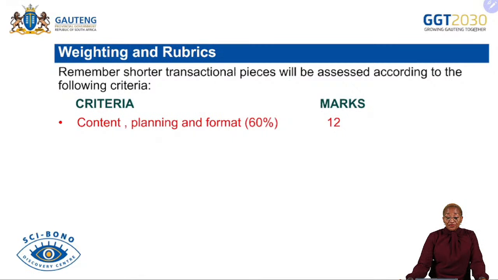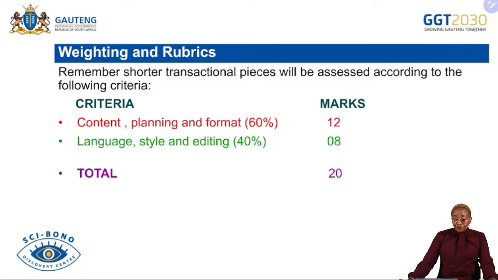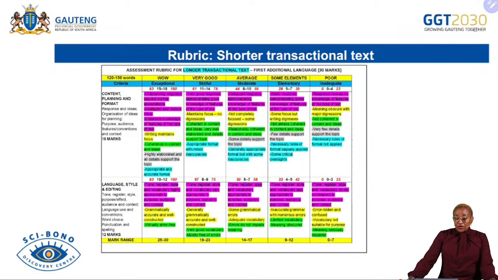We have the content, planning, and format, which is out of 12 marks and forms 60% of the piece. We also have the language, style, and editing, which forms 40% and is out of 8 marks. In total, we have 20 marks for section C. That is our rubric for shorter transactional text.